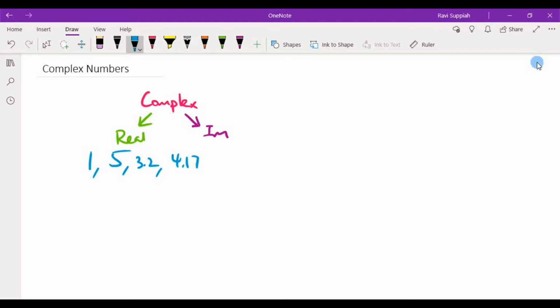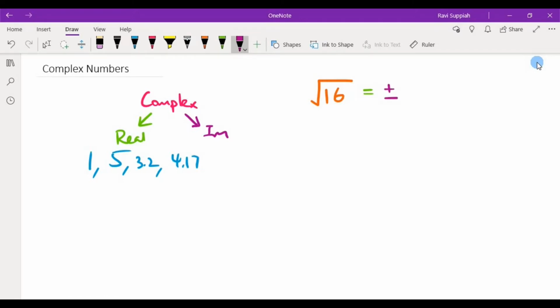But what are imaginary numbers? To understand the concept of imaginary numbers, let's go back a bit and look at the square root of a number. When I give you a number, let's say 16, and ask you to square root it, mathematically the answer must always be written as plus minus.